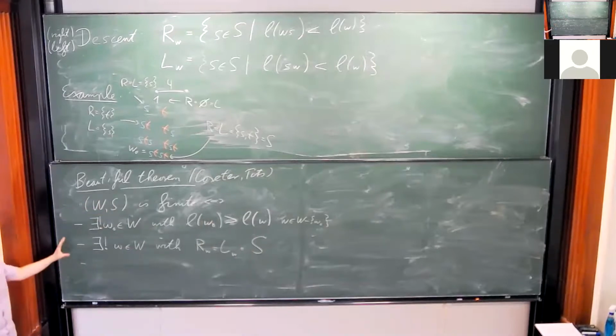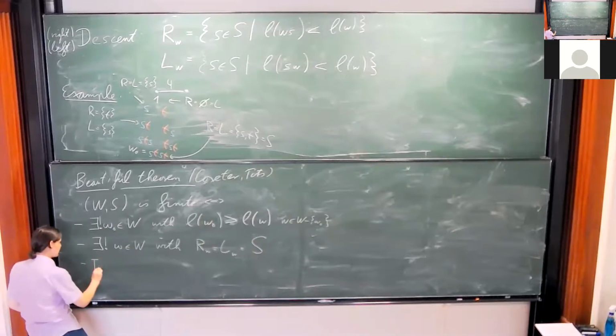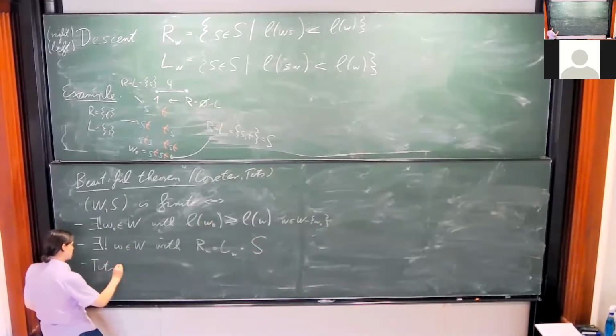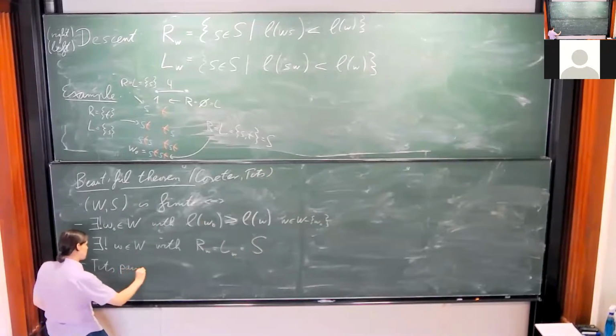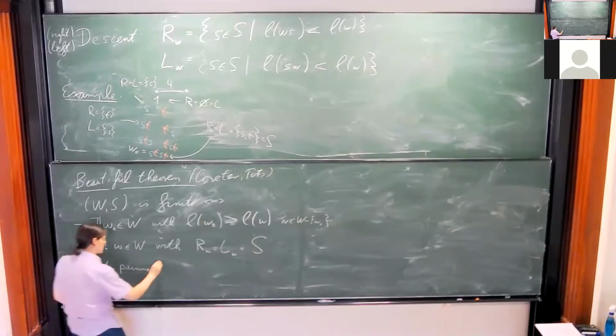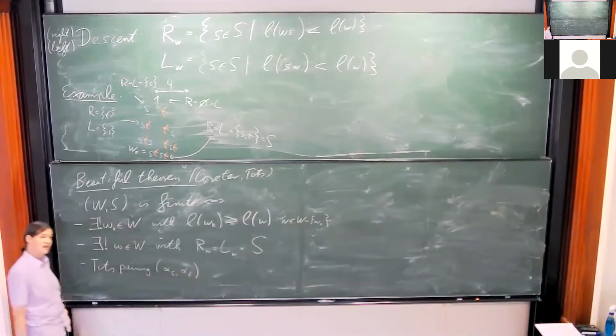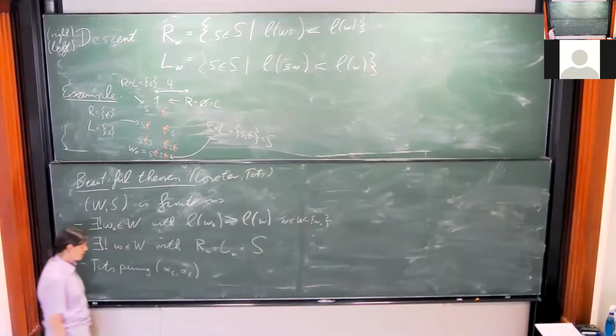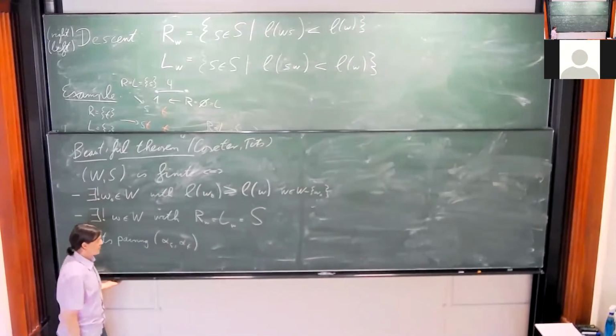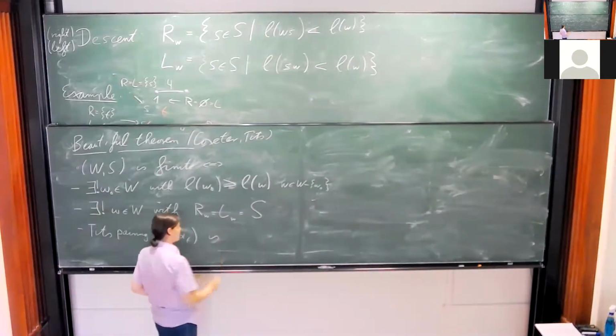These are combinatorial properties, so very nice. The Tits pairing, this was the one with the cosines, is positive definite, so it's a positive pairing.